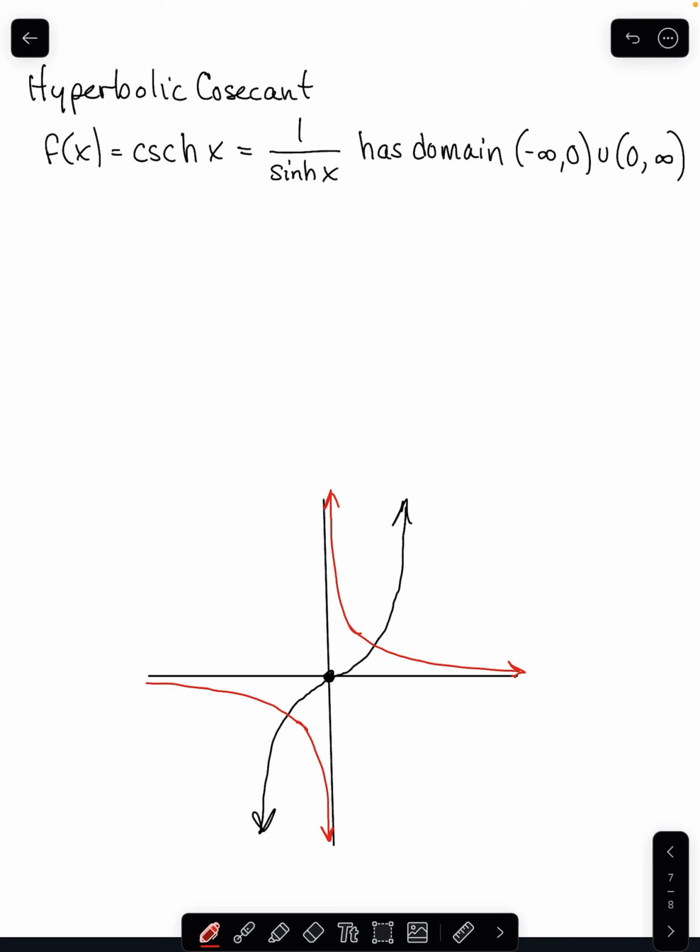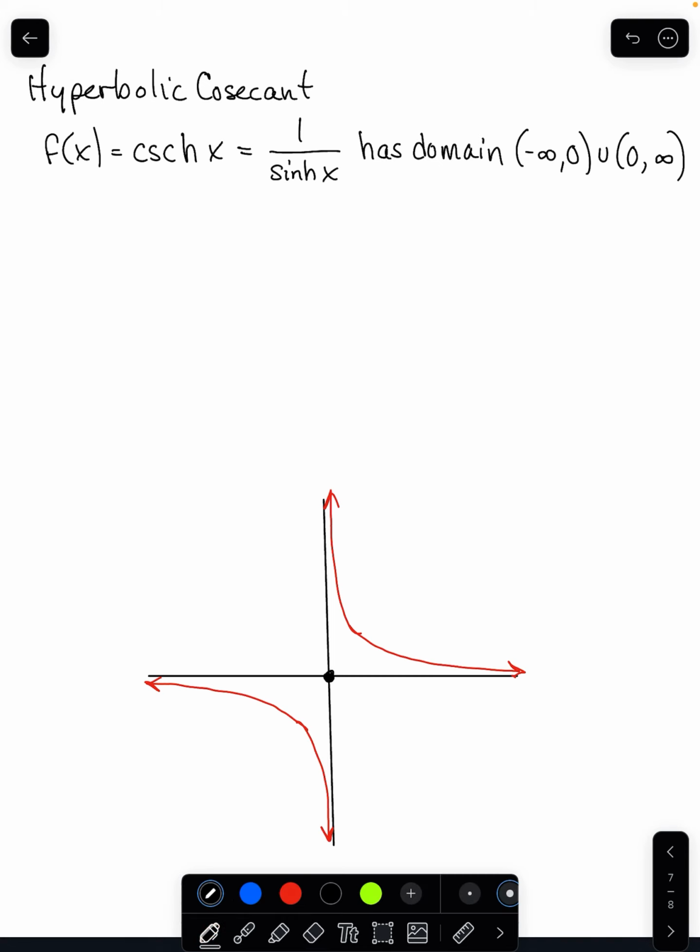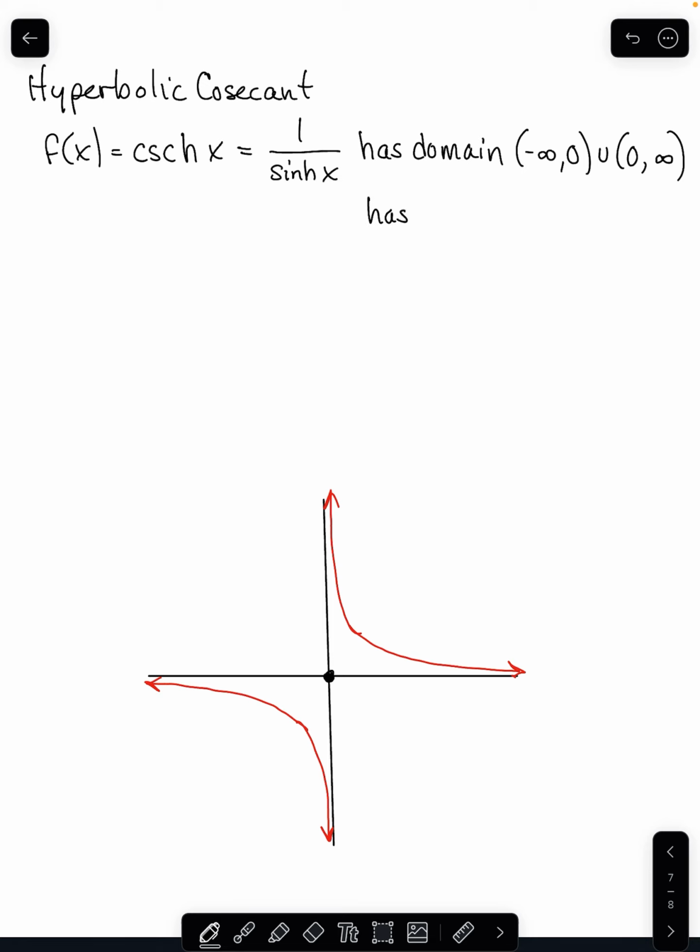And symmetrically on the other side, coming from below the axis. Thus, the graph of hyperbolic cosecant looks very, very similar to that of the basic rational function 1 over x. Thus, the range would also be everything except for 0. The algebraic form of this would simply be the reciprocal of the algebraic form for hyperbolic sine.